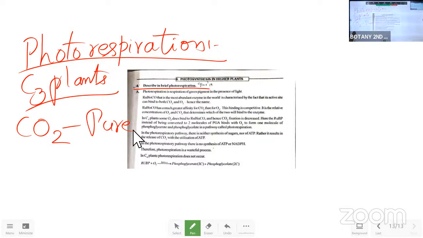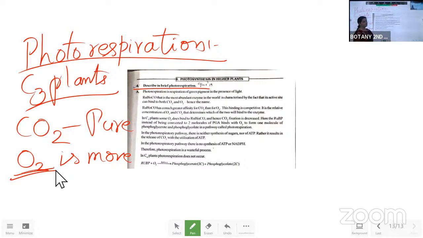So whenever oxygen quantity is more, then carbon dioxide will be less in the outside atmosphere. Now, at that time, they will start the photorespiration instead of photosynthesis. Okay. So in this, the same enzyme is going to be utilized for the photorespiration.